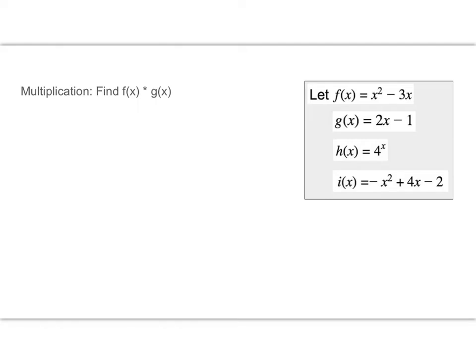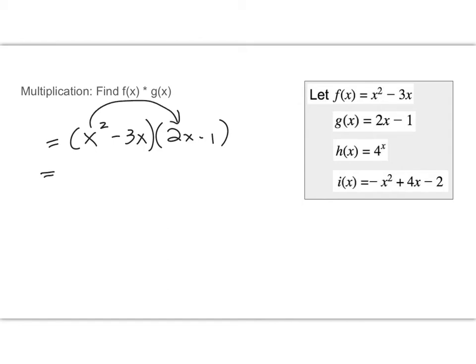We can also multiply two functions. Let's multiply f of x times g of x. So f of x is x squared minus 3x. And to that I'm going to multiply g of x, which is 2x minus 1.